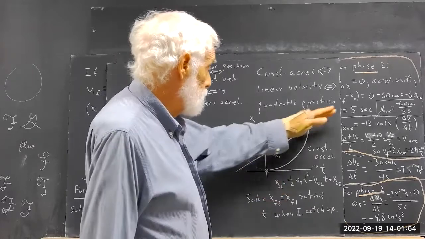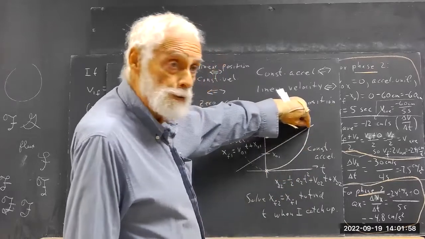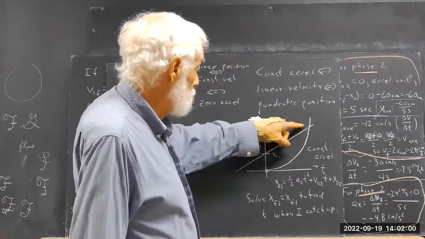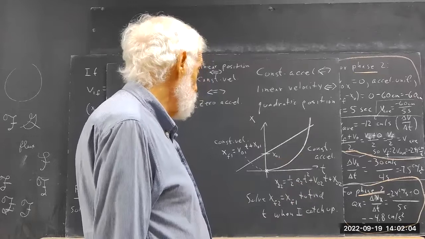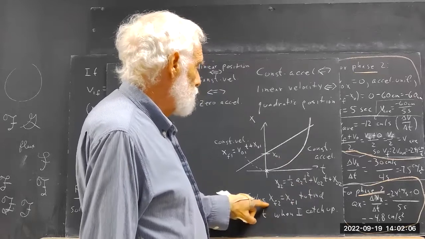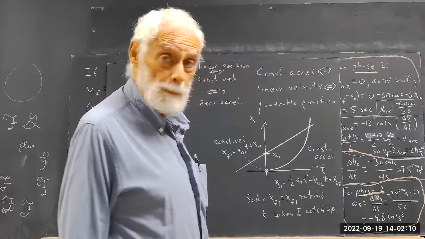If I want to know when I catch this person, I set this function equal to this function, because this function is represented by this curve, and where they cross is where our positions are equal. There's some time at which that occurs. So I solve xf2 equals xf1 to find t when I catch up.